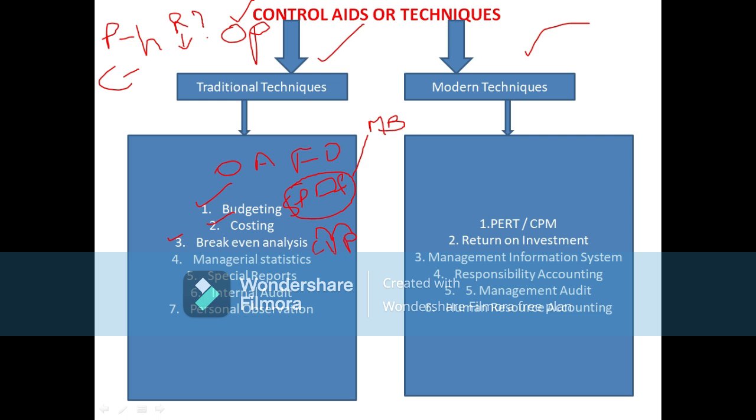Now coming to managerial statistics. What does managerial statistics mean? Statistics relating to past and present business operations are helpful to management in planning and decision making. Definitely statistics helps the management. In order to get the data from the past and also for the present, statistical data is needed, which is helpful in planning and decision making.